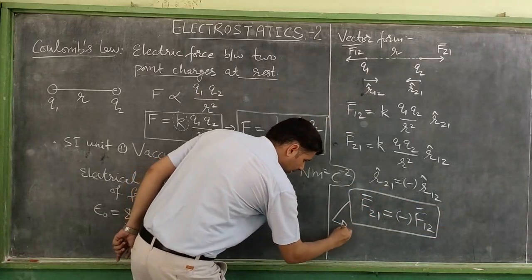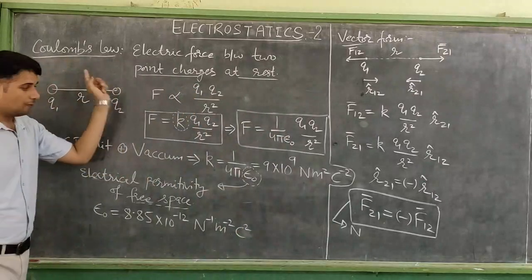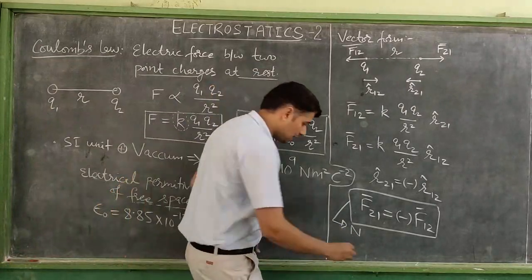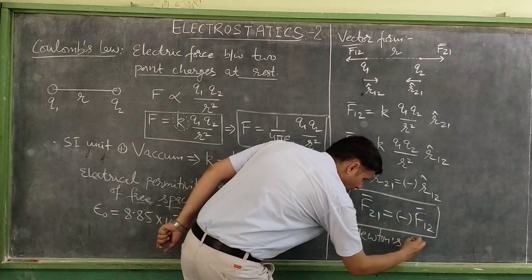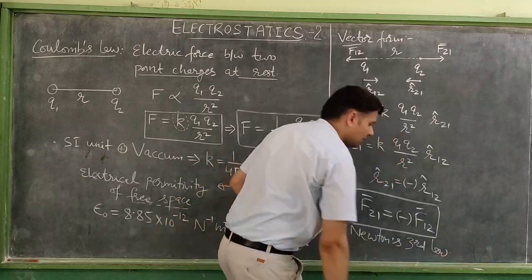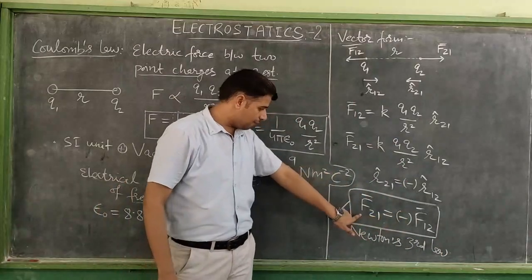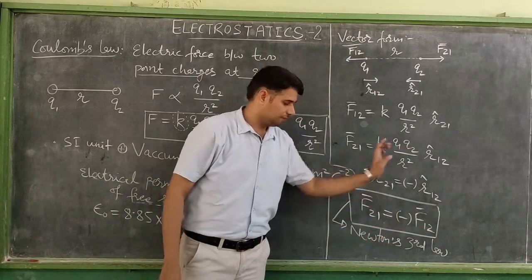So what we can conclude here, that we started from Coulomb's law, and we can say that Coulomb's law obeys Newton's third law. That is, action and reaction, they are equal and opposite. So F21 is simply equal to negative of F12.